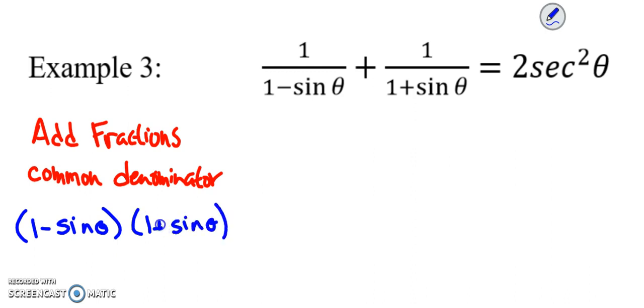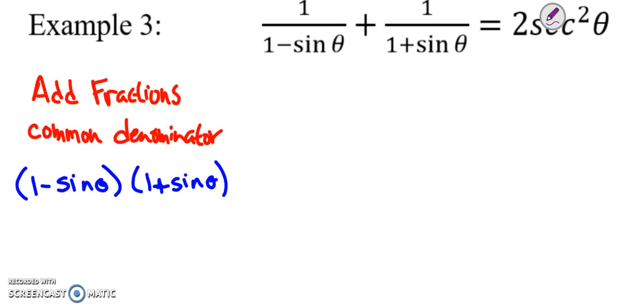So 1 minus sine theta times 1 plus sine theta. How will we get both of those fractions to have a common denominator? Everybody should remember that, and I'm going to give you an example over here really quickly. If we have 1 over 4 plus 3 over 7, how would you be able to combine those two? First, by finding a common denominator.